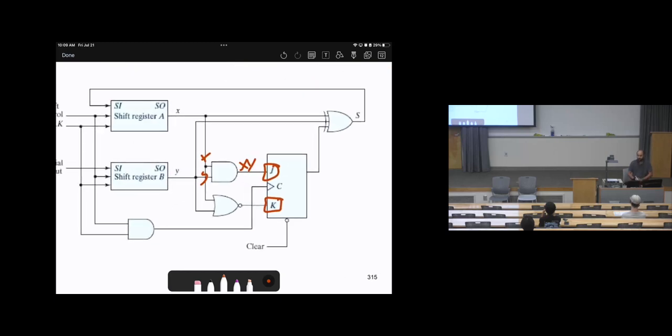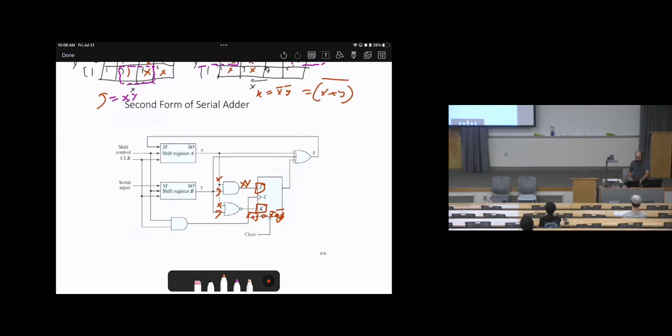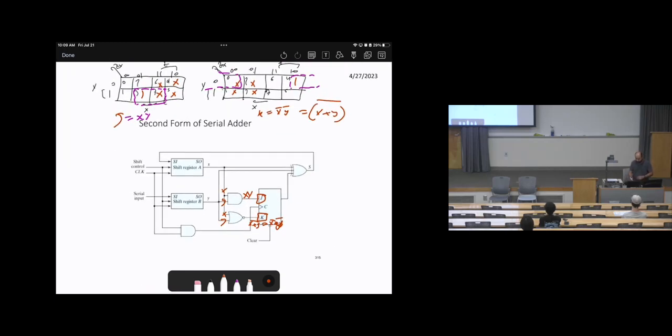We used NOR gates, here is x, y, so here is x plus y, all bars, which is the same as x bar, y bar. So it's up to you. You can use x plus y, all bars, or you can use x bar, y bar. So you have the choice. But in this design, for some reason, it's been used like this one. Okay? Understood?